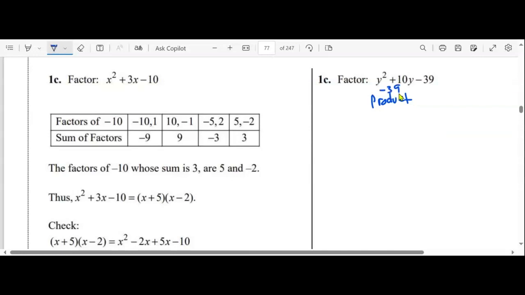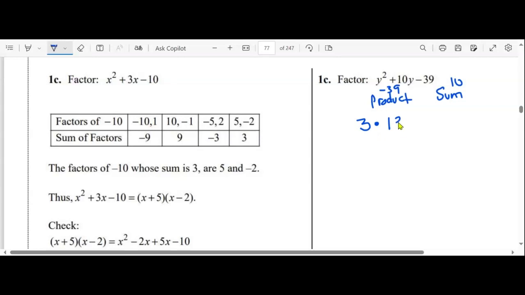We're looking for the product of negative 39. And the sum is how much? 10. So what are the two numbers that multiplied give you negative 39? Three times 13.